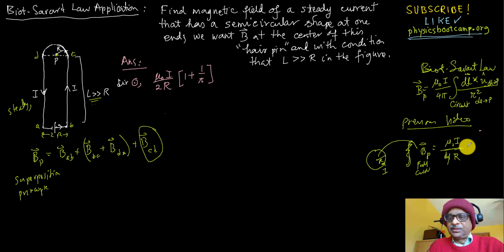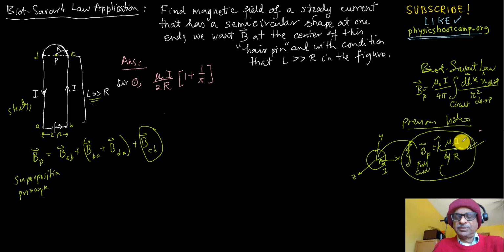This was done in a previous video, with X and Y and Z coming out, so this will be the k hat direction. This is going to use half of that, because I'm going to do half the integral.